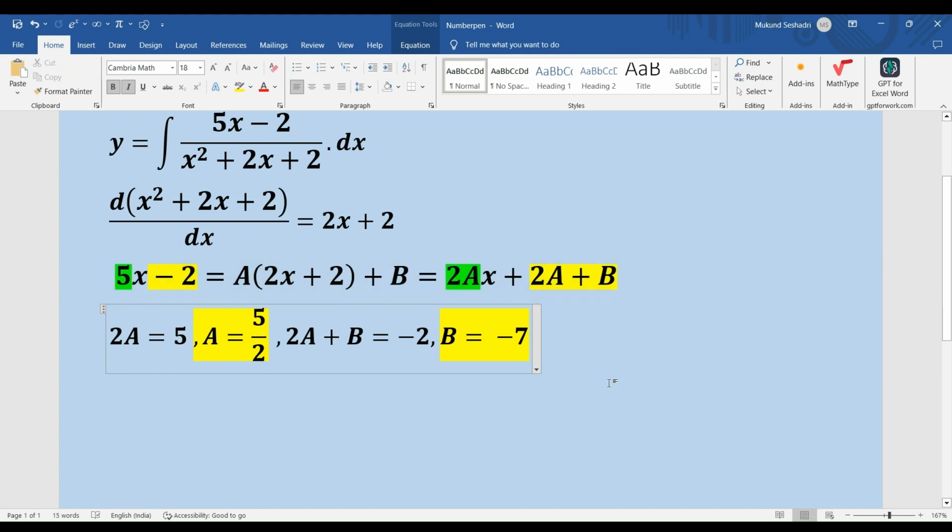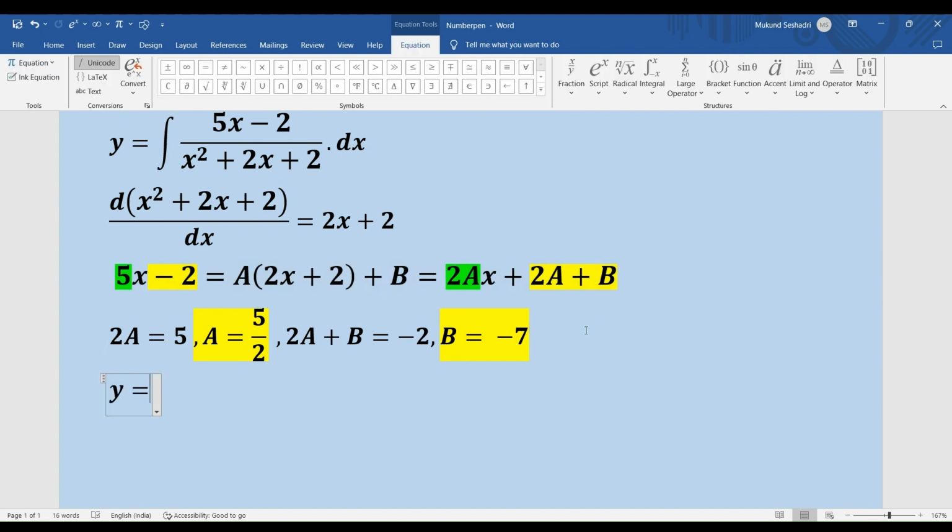And I have learned to express the linear expression above in the numerator within y in terms of the derivative of the quadratic expression in the denominator, right? And you will see why it makes our integration a lot simpler in the subsequent steps.